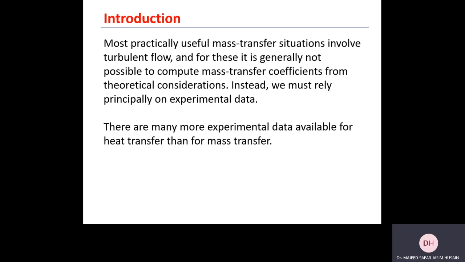There are many more experimental data available for heat transfer than for mass transfer. And we agreed on this because, historically, heat transfer came much earlier and lots of people have done lots of experiments. We'll take one example very soon.